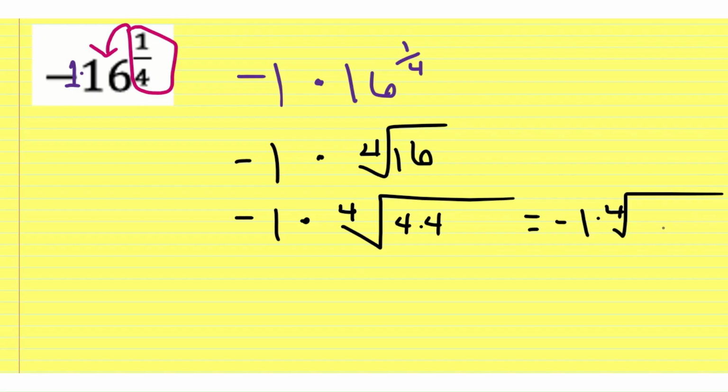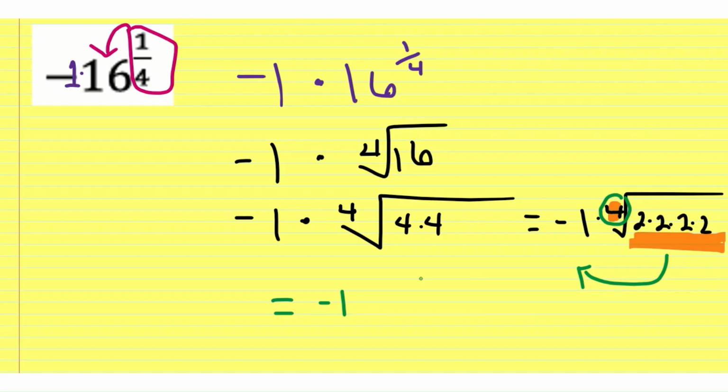I could break down 4 and 4 into 2 times 2, 2 times 2 times 2 times 2. Well, guess what we got there? We've got 1, 2, 3, 4. I got 4 factors. If I'm looking for the 4th root, I'm looking for 4 factors. So that means that a 2 can come out to represent the 4th root of those 4 twos. So my final answer is going to be -1 times 2 coming out of the radical.